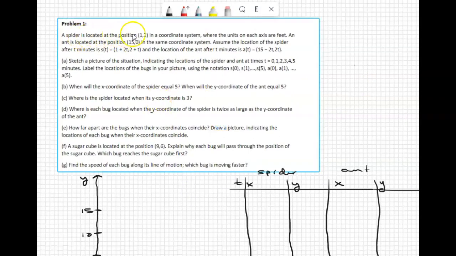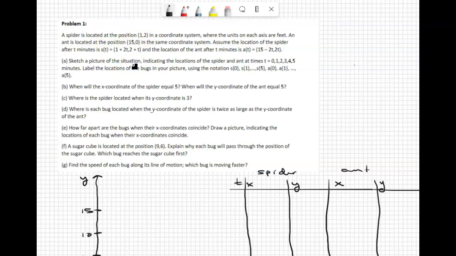Okay, so let's go back up and see. The spider starts at (1, 2), and the ant starts at (15, 0). So that's when the time is 0, their starting point. And these tell us how the x and y values are changing for the spider. It's like a coordinate point because it has the comma between, so this is the x and this is the y.